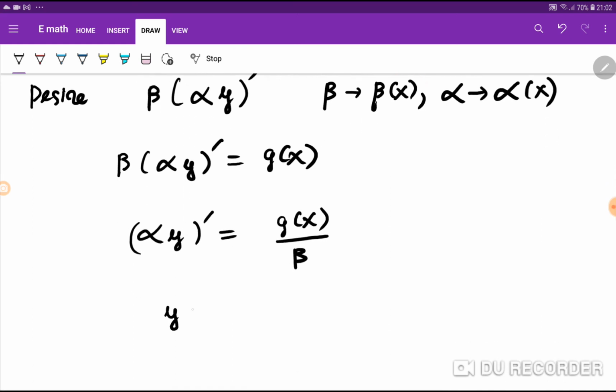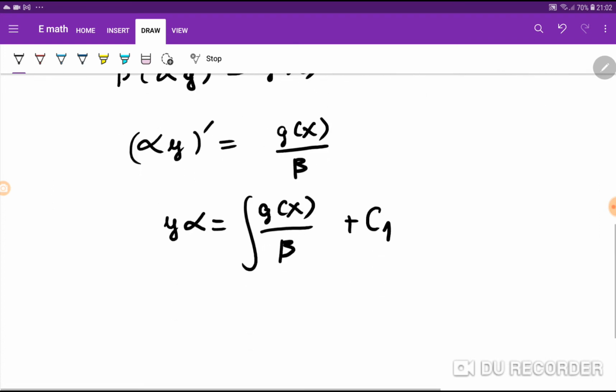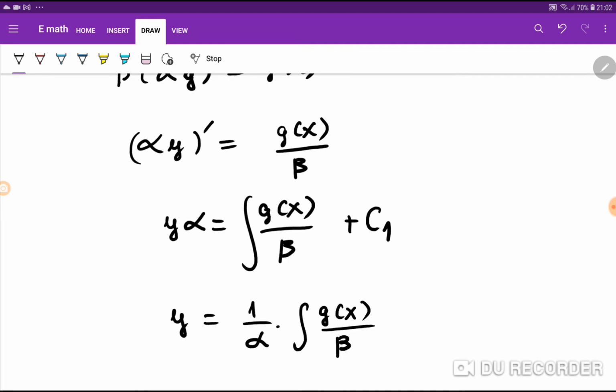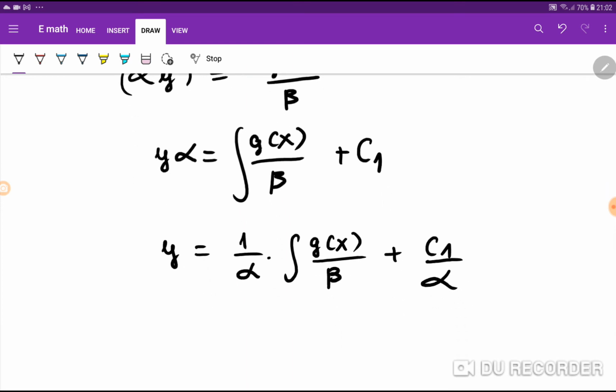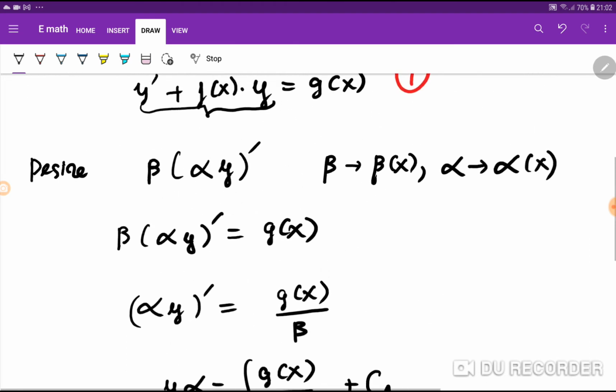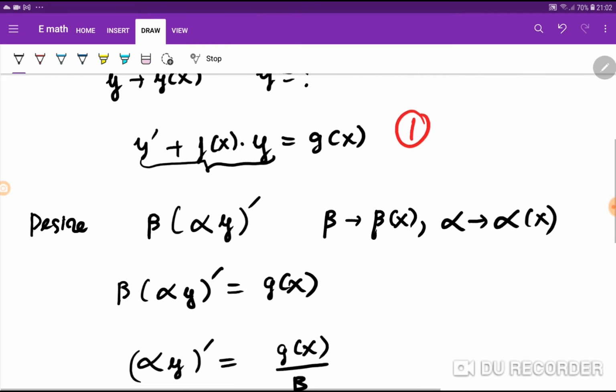So you have y times alpha equal the integral of g(x) over beta plus c1. So y will equal 1 over alpha times the integral of g(x) over beta plus c1 over alpha. All right. Yeah, you can solve this integral. You can integrate it. But how can we find beta and alpha?